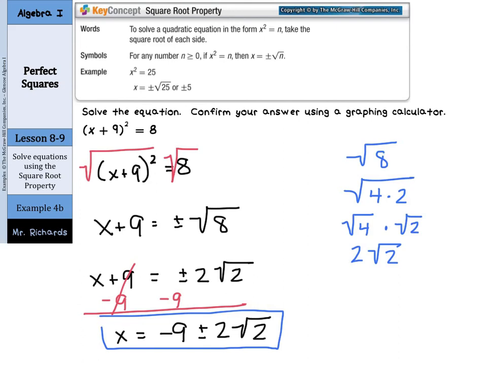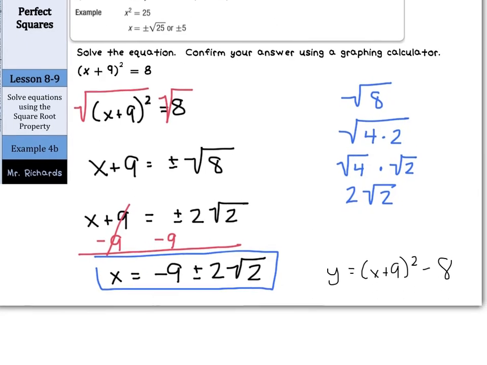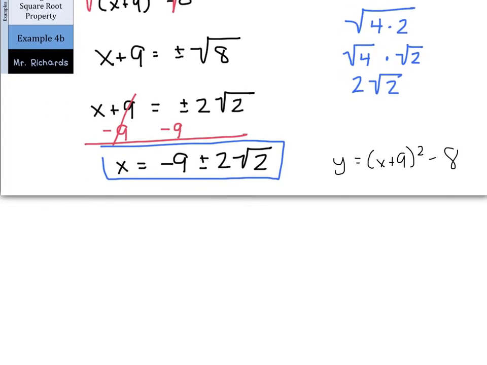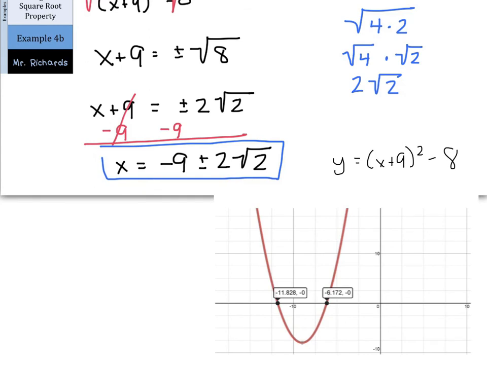To confirm this answer with the graphing calculator, we can use the equation y equals x plus 9 squared minus 8. And one last time, we'll slide this up to see what our graph looks like. And there's our graph, and we can see where it intersects at negative 11 and 8/10 and negative 6 and 8/10.